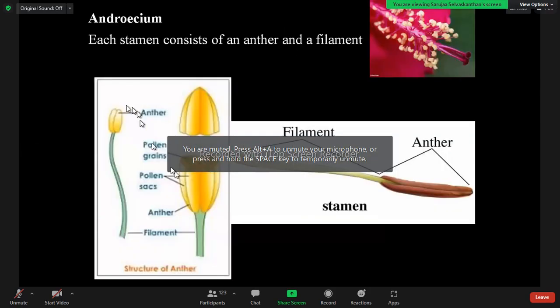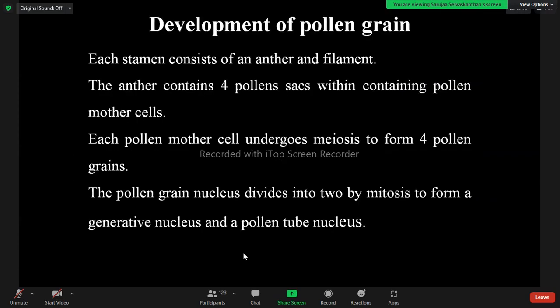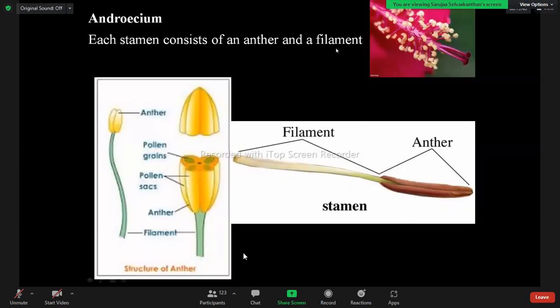Okay. This is androecium. Actually, this may be too much, the development of pollen grain. Right? I'm going to just skip it. Here, the androecium, each stamen consists of an anther and filament. This one is anther, this is anther. This is filament.